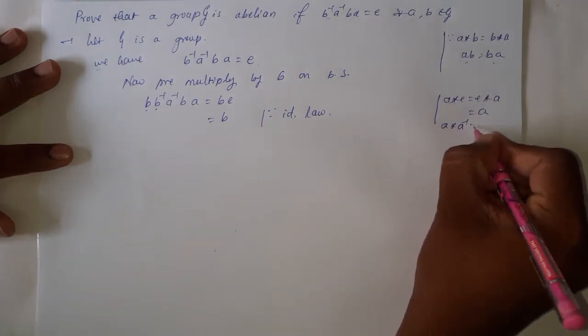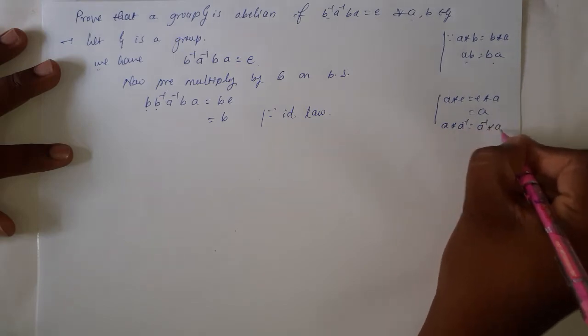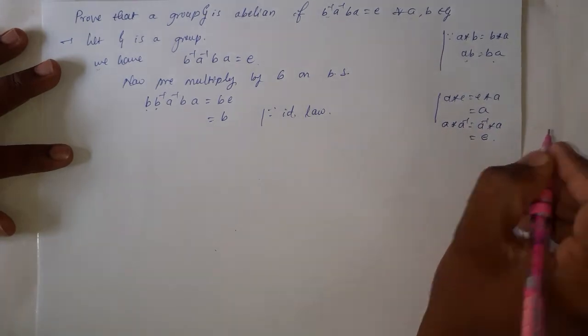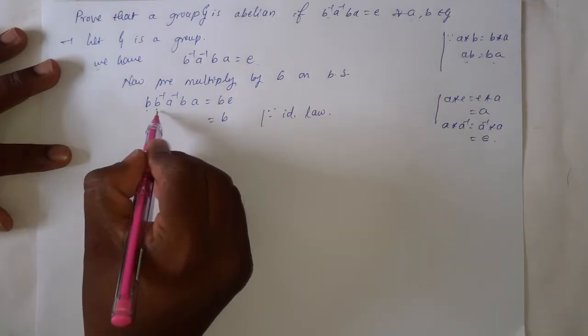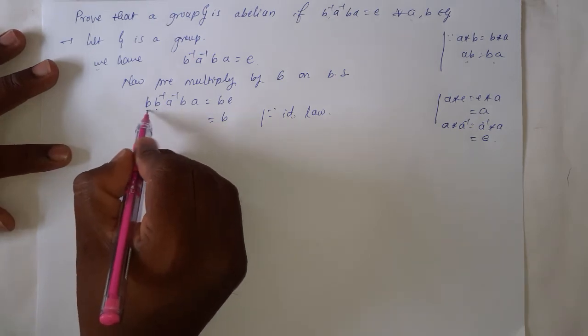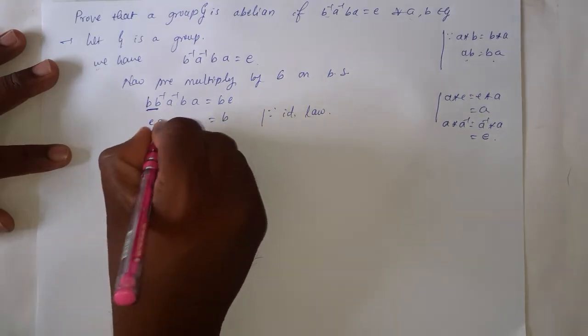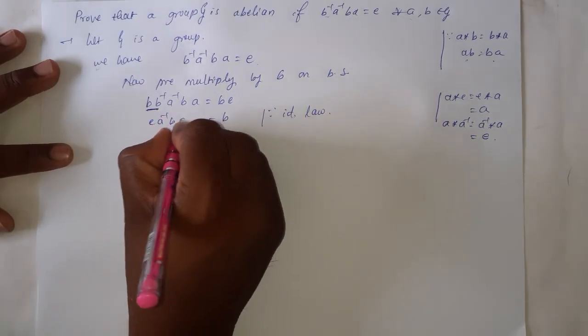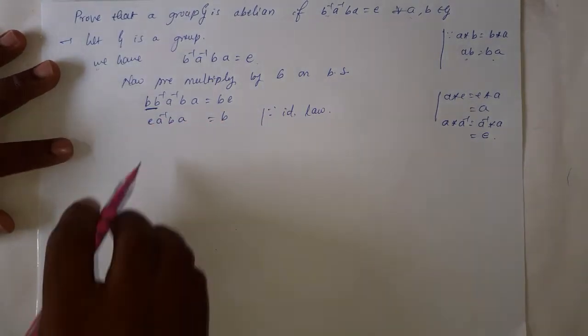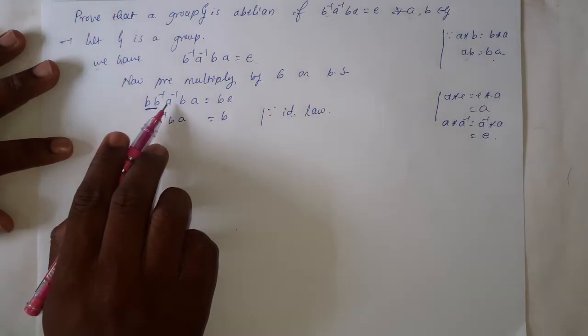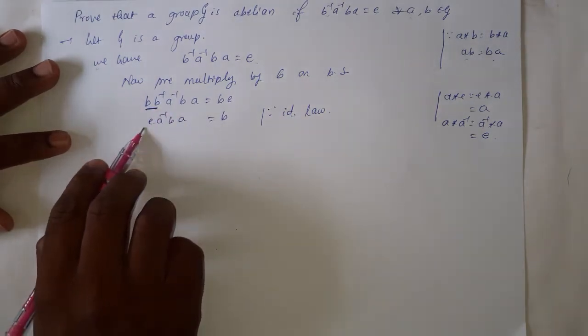A star A inverse equal to A inverse star A is equal to E, right? So here we have B and B inverse. So the product of these two will be equal to what? E. Now A inverse as it is, B as it is, A as it is. Only we have changed B B inverse as the identity element E.